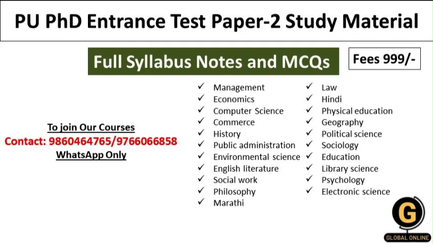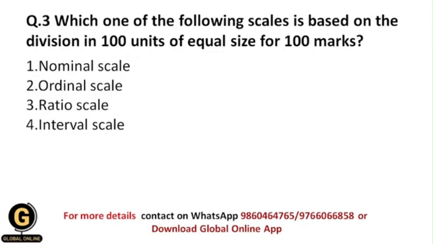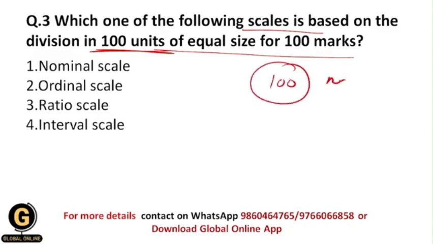Okay. Next, which one of the following scales is based on the division in 100 units of equal size for 100 marks? So you have now total 100 marks, and you are going to divide these 100 marks in 100 units of equal size.